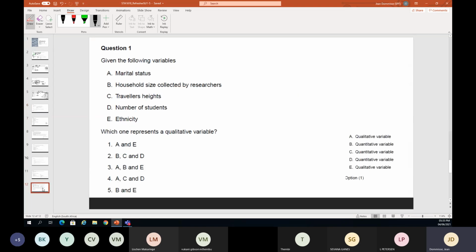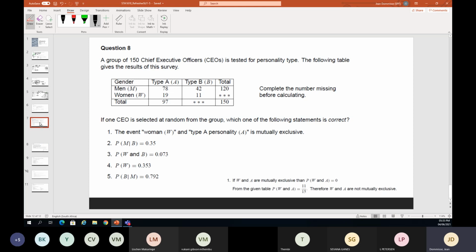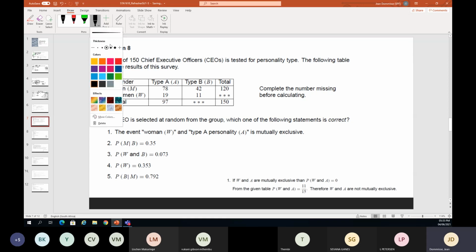Okay, so let's first do this one on probability, as I think this was also in assignment 2. A group of 150 CEOs is tested for a personality type.